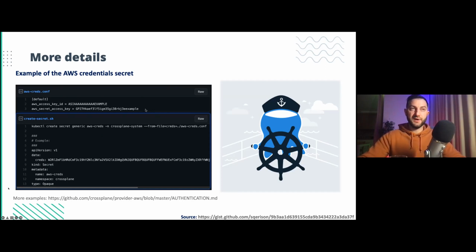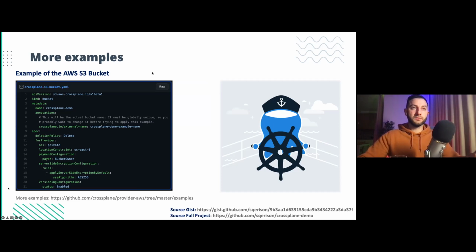You need to create a file with this access and secret key, and then using this command, you will be able to create a secret, or you can just encode it in base64 format and create this secret inside your Helm chart or something like that. By the way, here's the link to the provider AWS authentication README file. You will see more details there: what you should do, and the commands for how to create even this one.